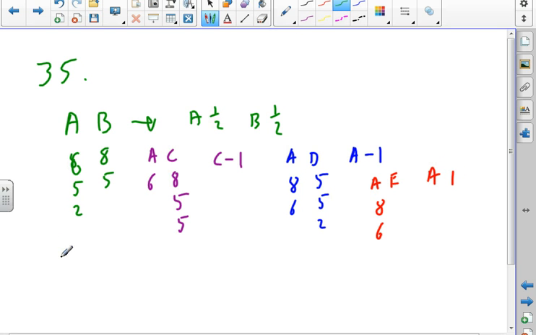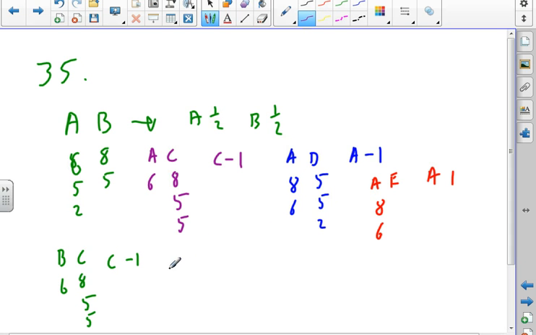Okay, now we're going to look at B versus C. C gets 8, B gets 6, C gets 5, C gets another 5. C wins. C has 1 vote.